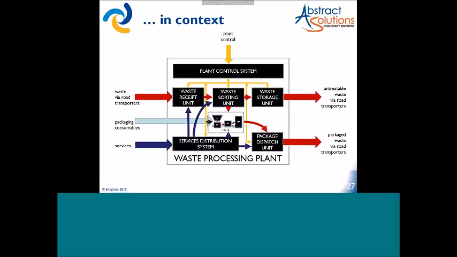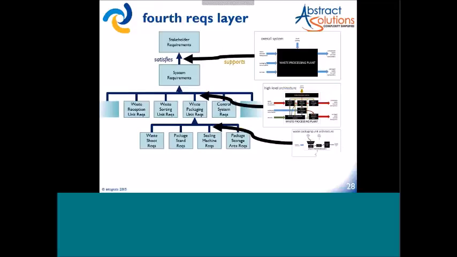So if we look at what's going on here, you can see the recursive decomposition of the system into smaller and smaller units. And that model, again, informs the decomposition of requirements from the waste packaging unit into its components.